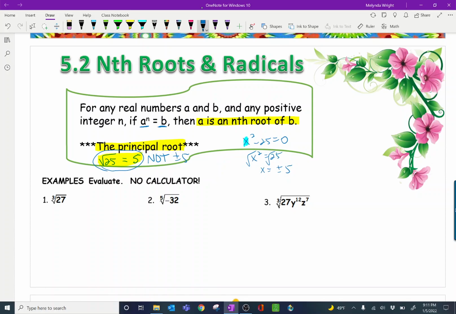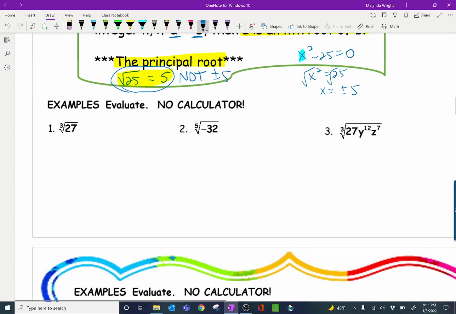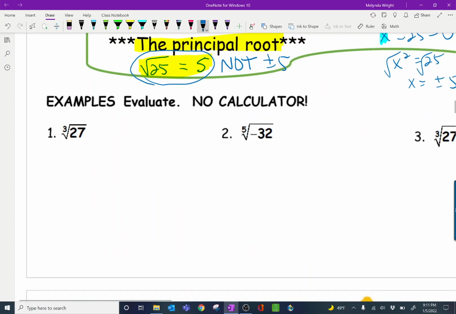All right, this should be a bit of a review. We're going to evaluate, or simplify. We can use those words, evaluate, simplify. We need to come up with a simplified answer. This is a cube root, which means I am looking for groups of 3.